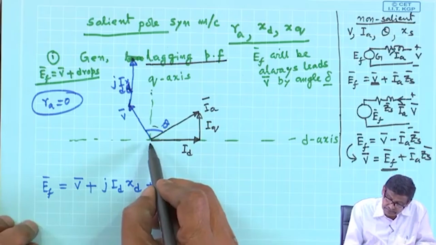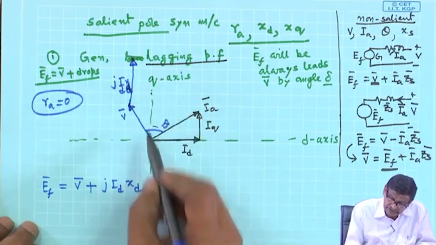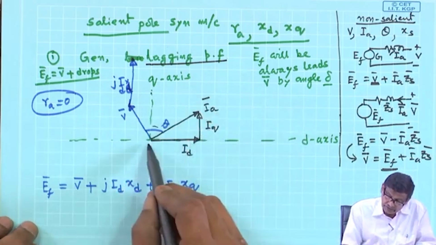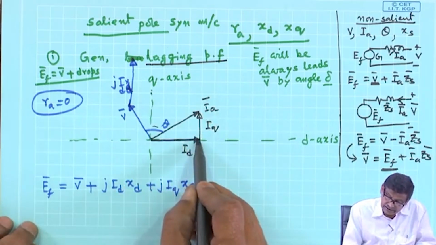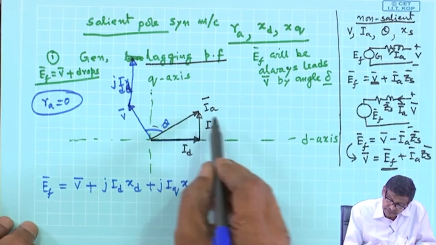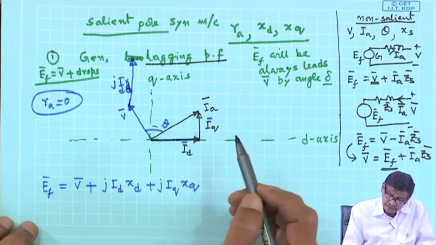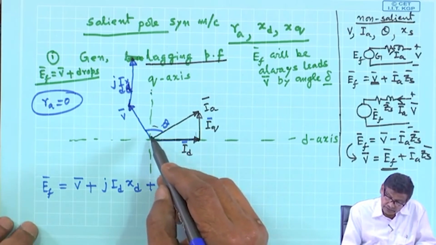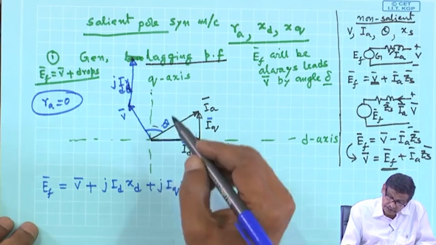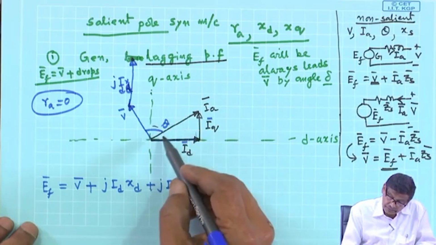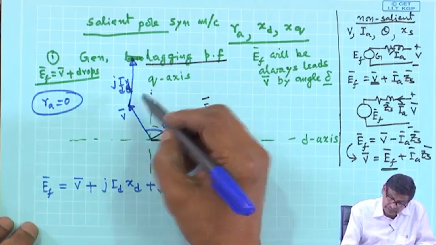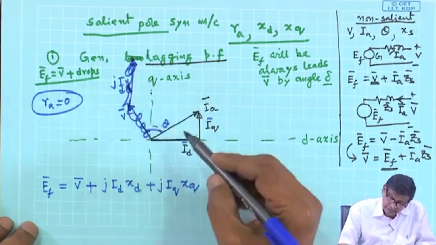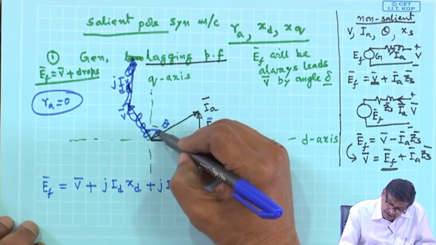Did I make a mistake? So, this is q axis EF, lagging power factor IA. You get ID and IQ like this, then terminal voltage will also be lagging power factor. I made a mistake, it has become some 90 degree, that is why the mistake is. So, V will be here.